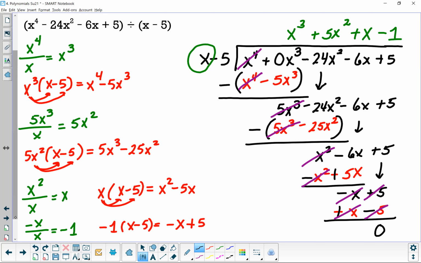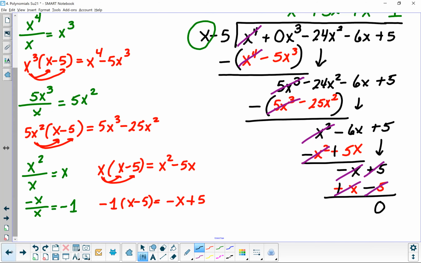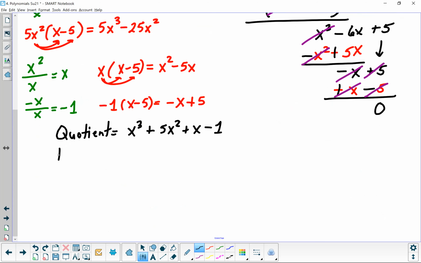Okay, very, very good. So our quotient is x cubed plus 5x squared plus x minus 1. The remainder is 0.